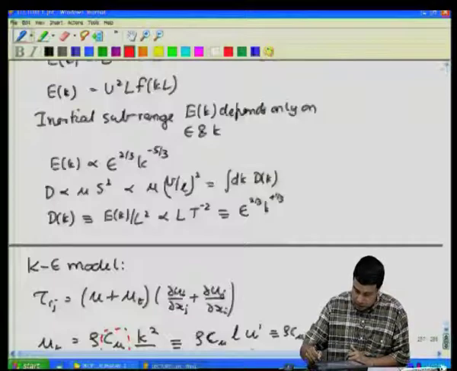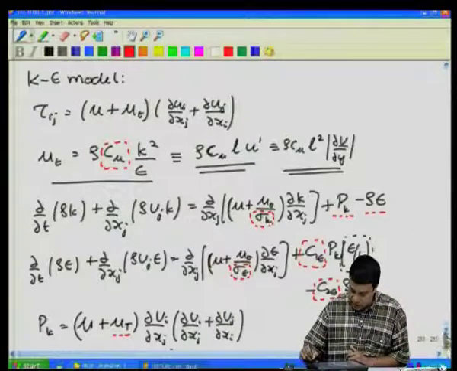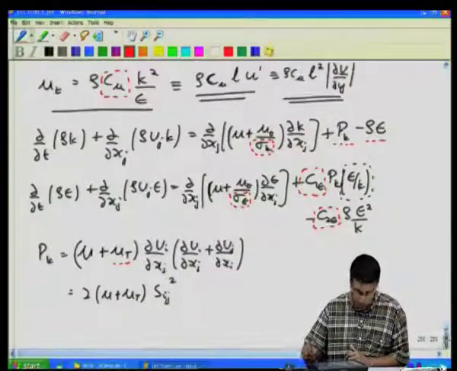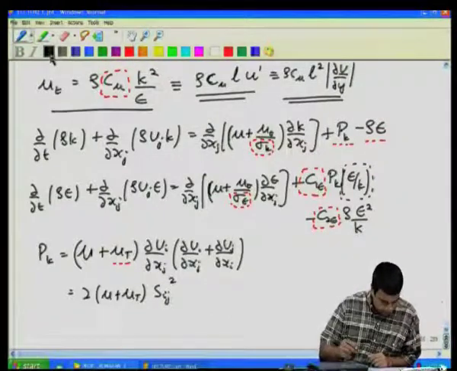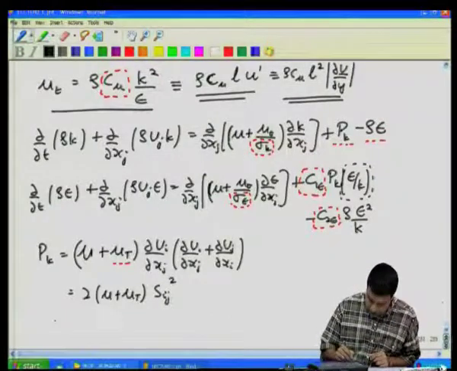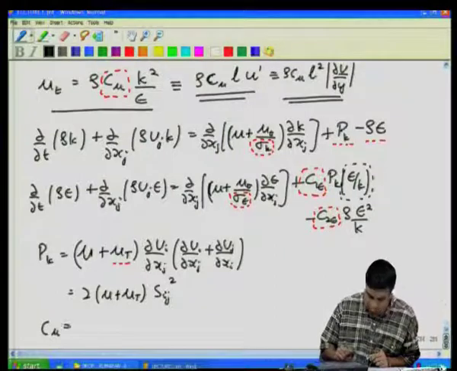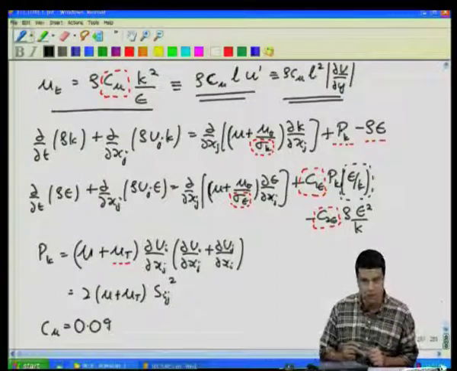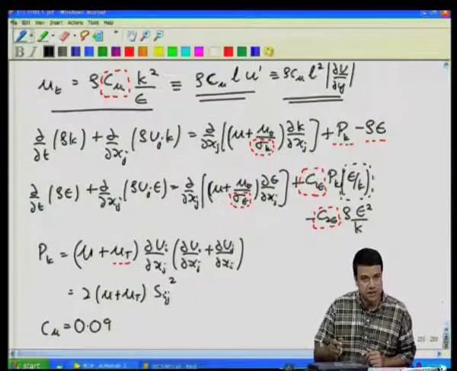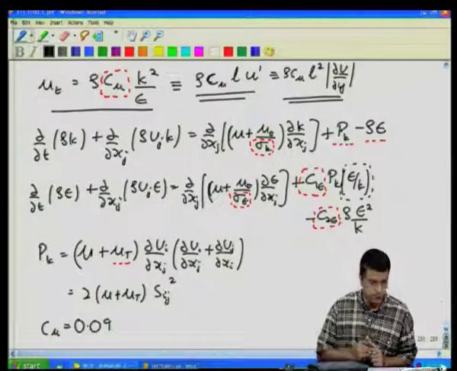And as I said, all of these are constants which have to be fitted. The common ones that I used based upon a large class of turbulent flows for these fitted constants are basically C mu in the equation for the viscosity, usually assumed as close to 0.09. Okay. This is the same whether it is a mixing length model or it is the K-Epsilon model.